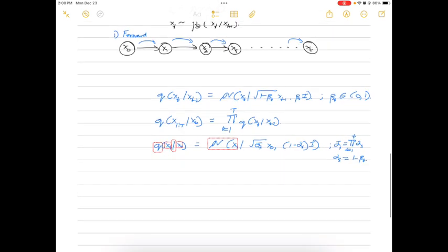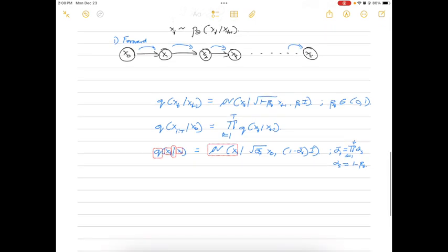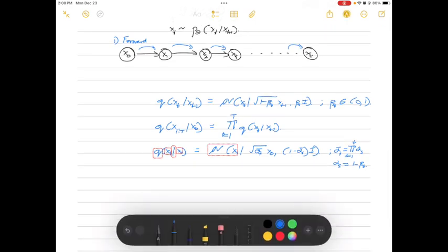Okay, so that's the forward process, right? This is the model, this is the joint, and this is the closed form marginal.